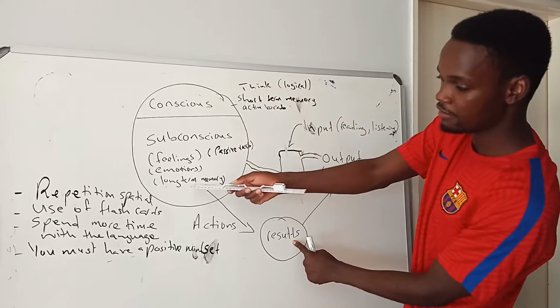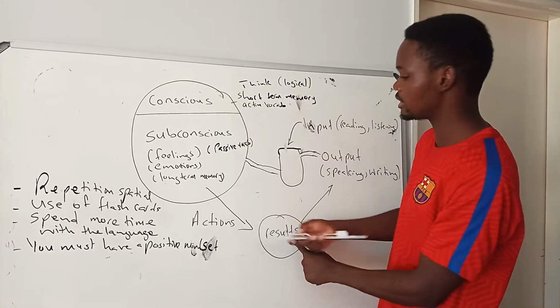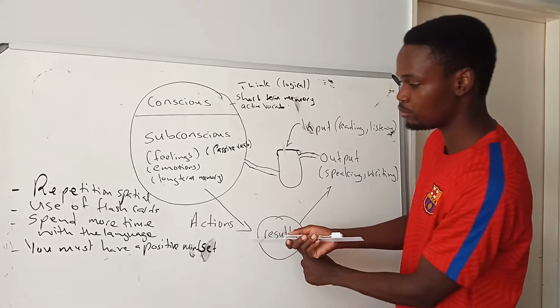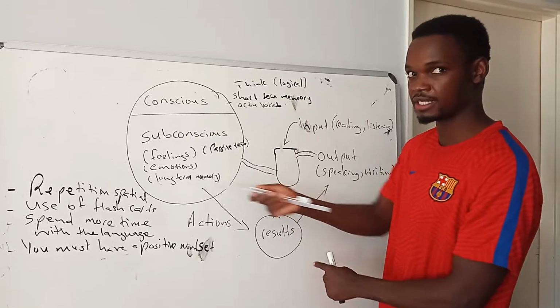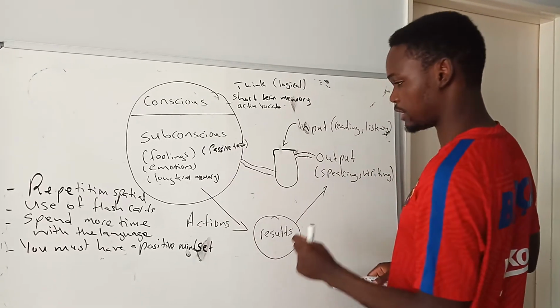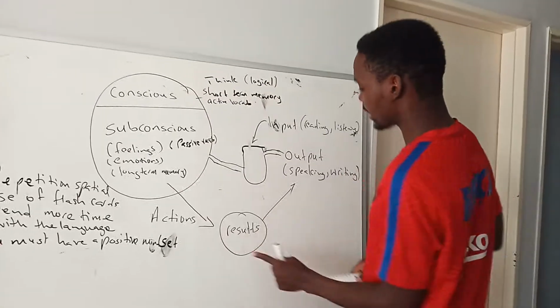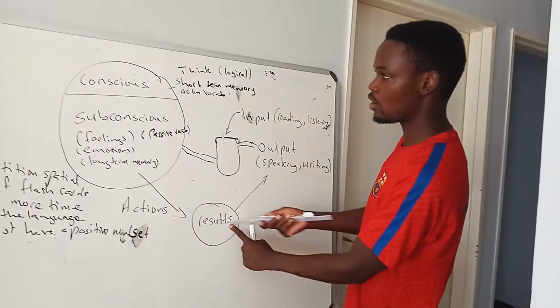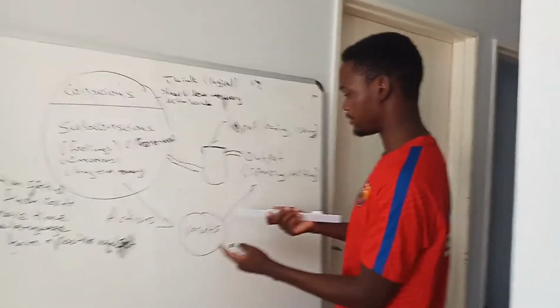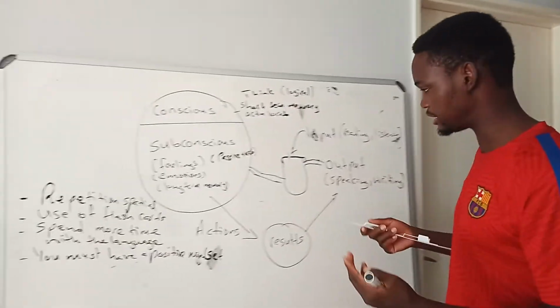So if I believe that I'll be able to speak English very well or Spanish, the actions that I will take will be influenced by the beliefs that I have. Once I tell myself that I will be able to speak, the actions will reflect what I believe. And then the results will come. What are the results that I expect to have? I want to be able to speak and write English very well, or Spanish.